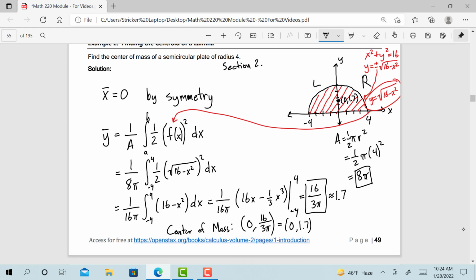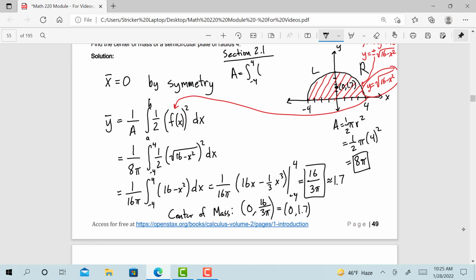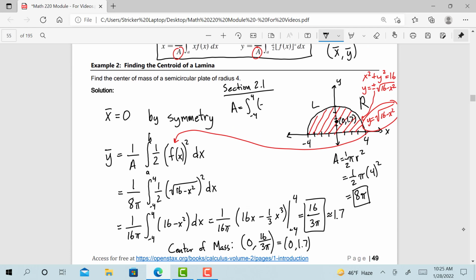Remember, in section 2.1, if we're going to find that area, we're just going to integrate from -4 to 4, and we're going to find the area by integrating the function, which in this case was the square root of 16 minus x squared dx.